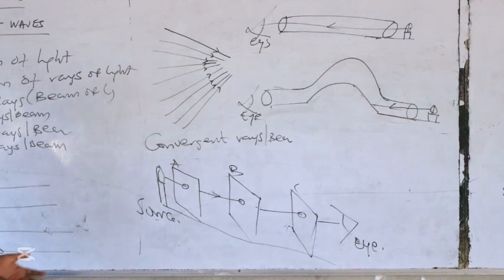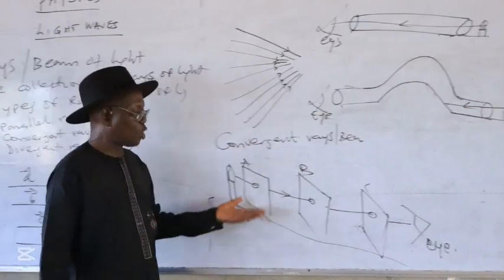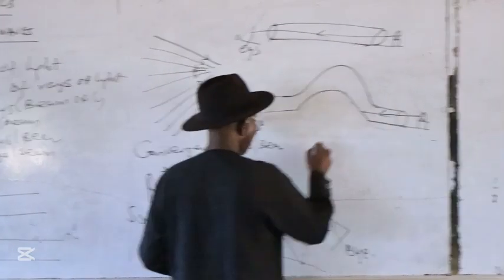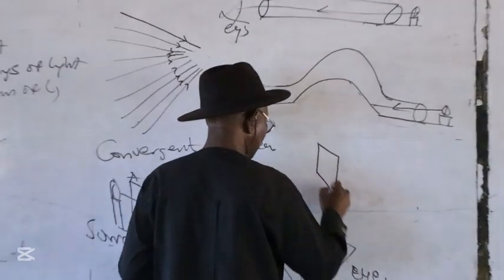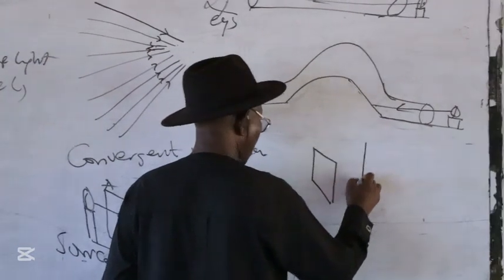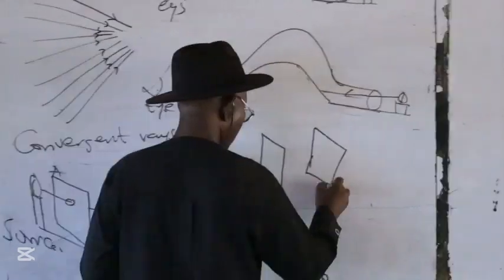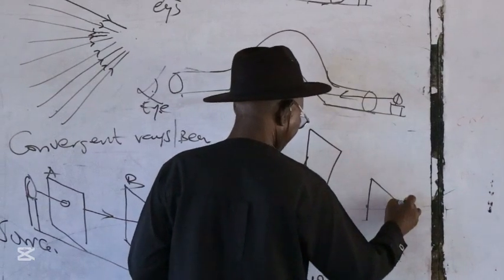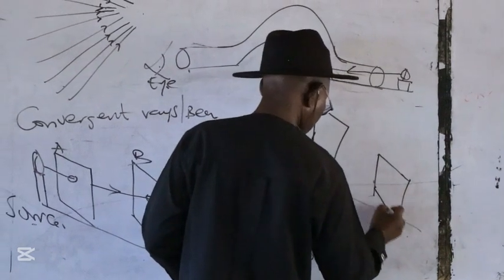Now rearrange this cardboard. Arrange another one, but this time around, make sure the 3 cardboards are not forming a straight line. You drill at their center. Another one is somewhere here. So it's just like this.